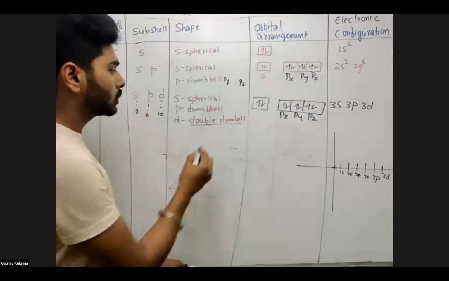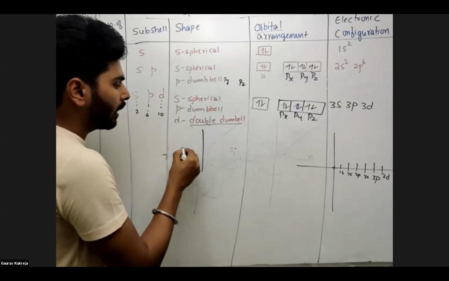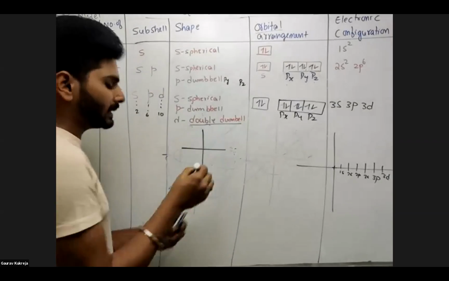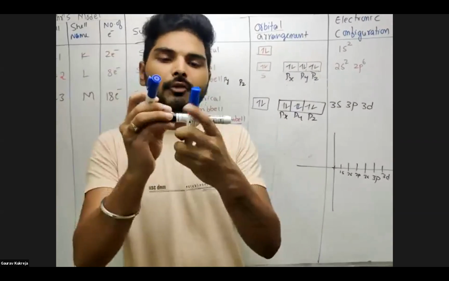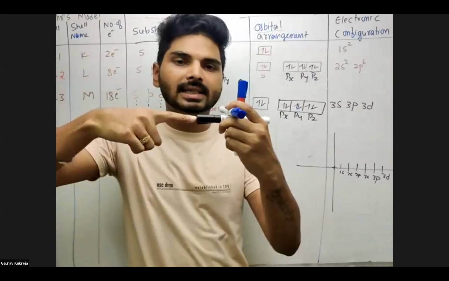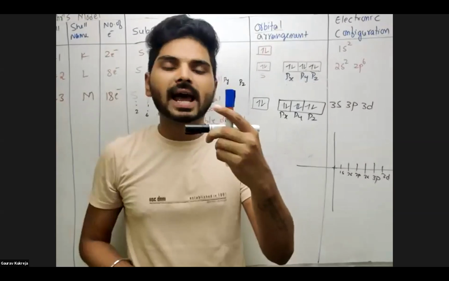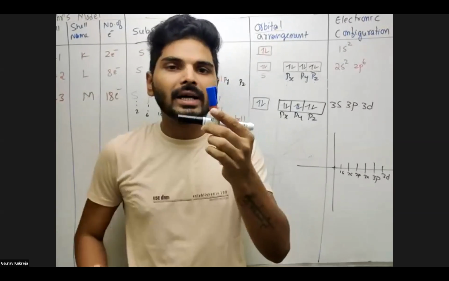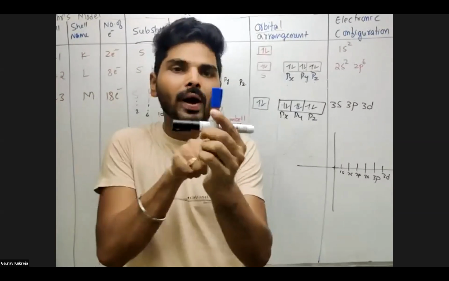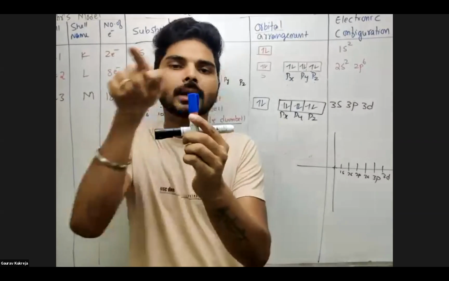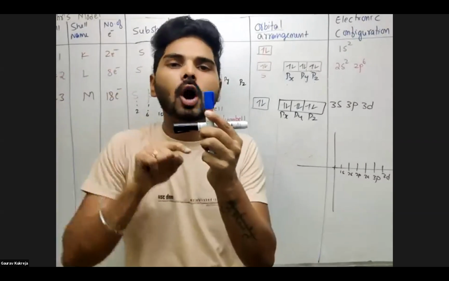Okay, so now double dumbbell here, what I need to understand, I need to consider, look at this, if I consider three coordinates, let us say this is x and this is y and this is z. Now forget about z axis for the time being. You guys know this is called as xy plane. Okay, ये xy plane hai, and it contains four quadrants.